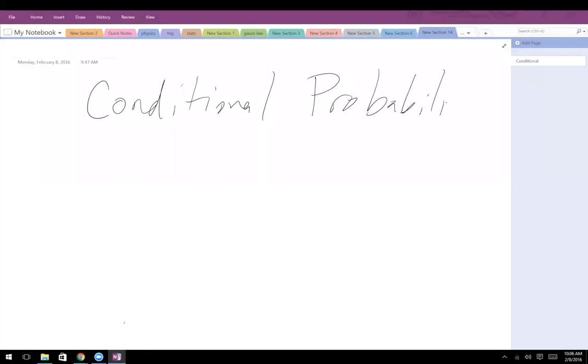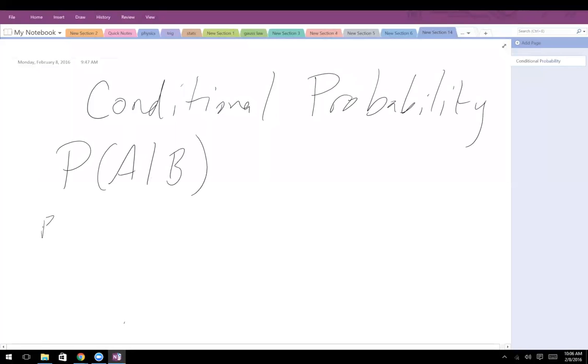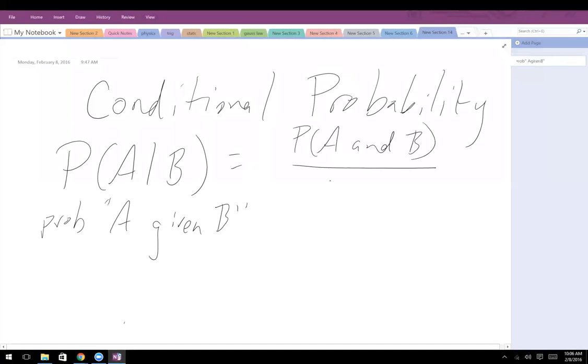Well, the real definition is probability of A given B. The math definition is that this should be the probability of A and B over the probability of B. But really what it means is, since you're given B, assume B is true, then find the probability of A.